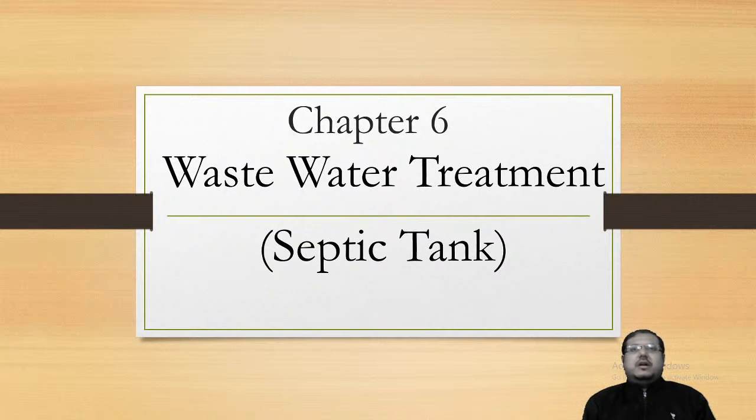तो दोस्तों, अभी तक जो पढ़े हैं हम लोग, वो कौन सा है? Activated sludge process, that was the example of what? Example of aerobic suspended growth process. It's aerobic process. Trickling filter is the example of aerobic attached growth process.